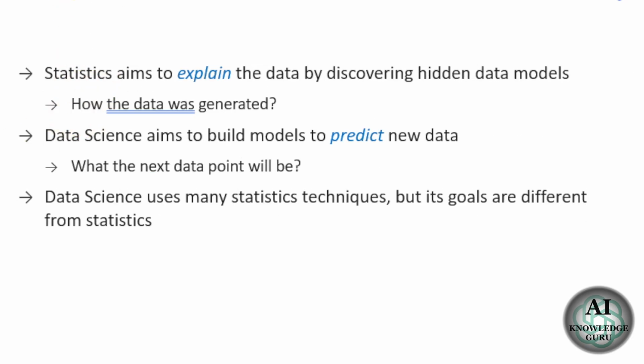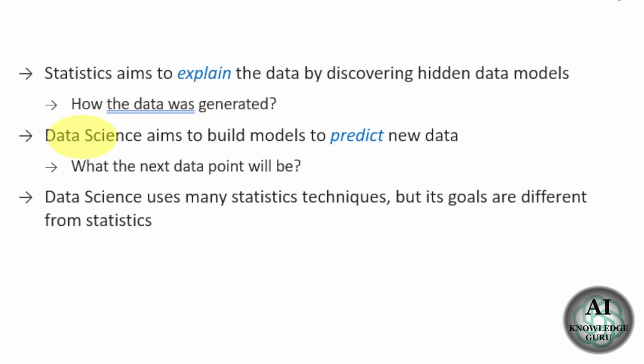Now, what do we mean by statistics in comparison with data science? What's the difference? When we talk about statistics, we aim to explain the data by discovering hidden data models, that is, how the data was generated.